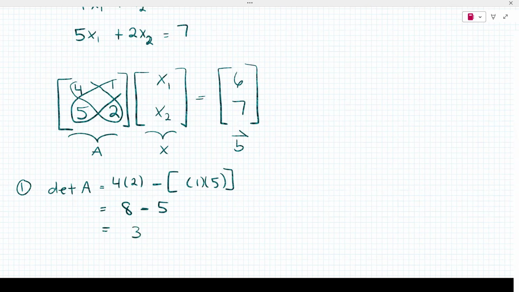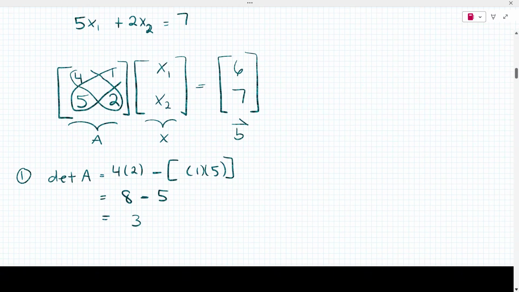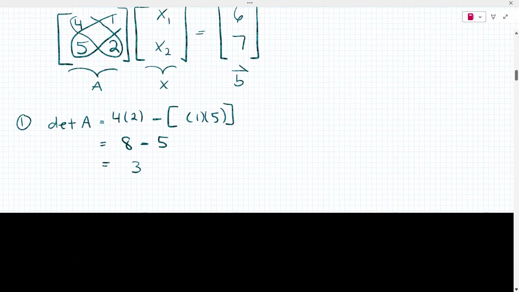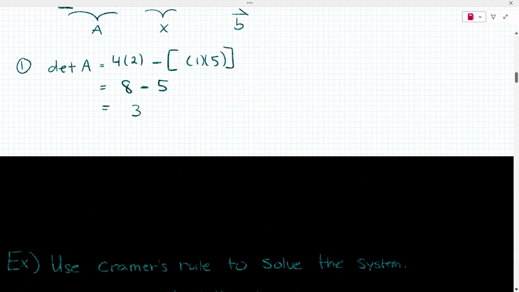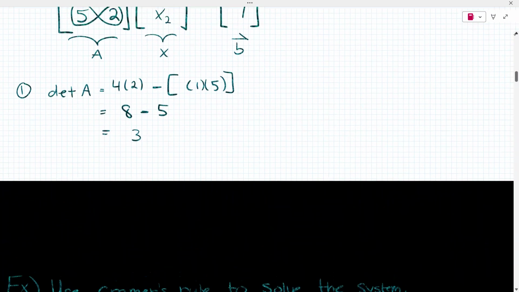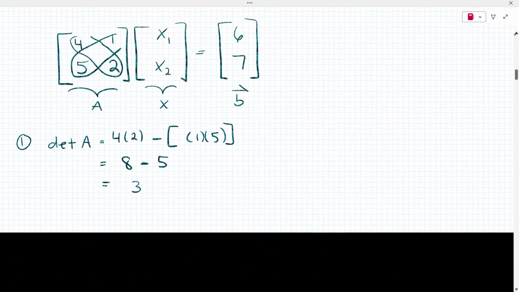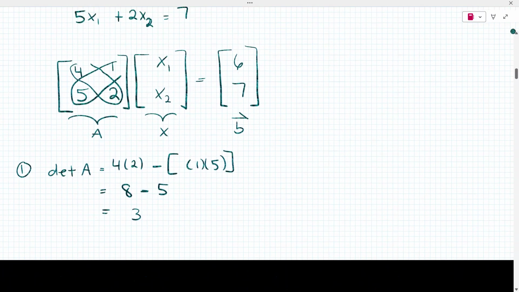The next step, I'm running out of space, so I'm going to put step 2 on the side. We have to find x1. How do we set up x1?